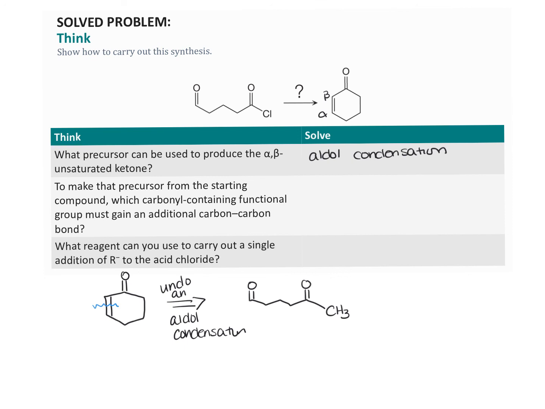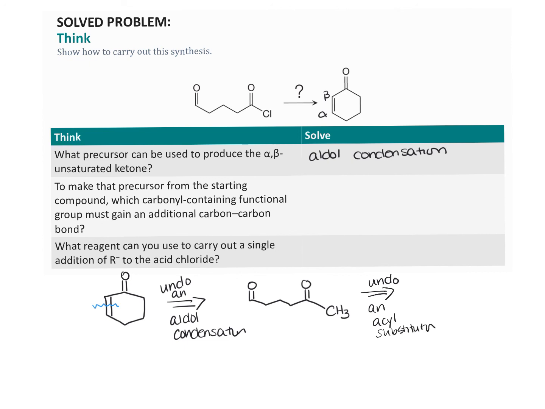So when we look back up here, we've got a chlorine here, but we have a CH3 here. And so the question would be, well, how can we substitute a chlorine for the CH3? And so to do that, we would undo an acyl substitution, right?